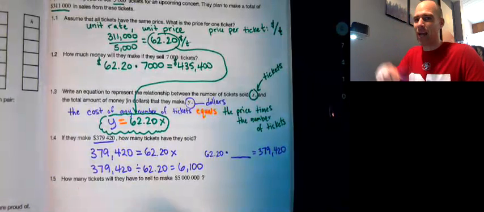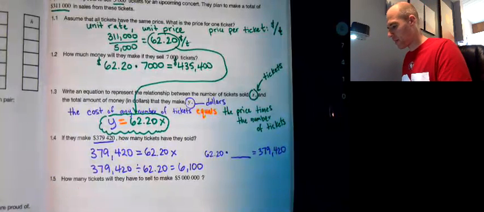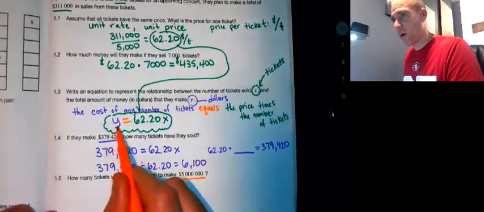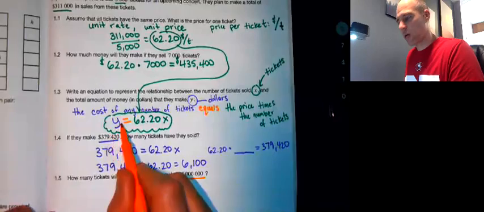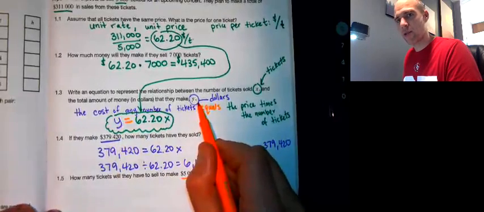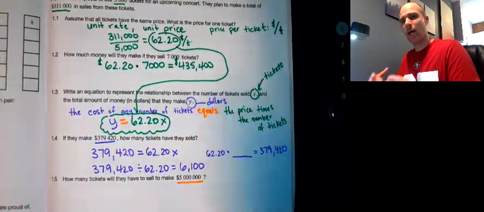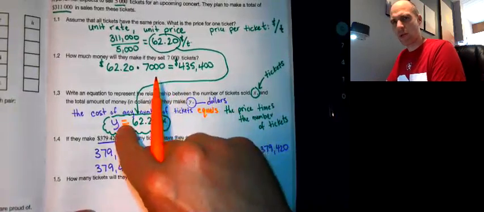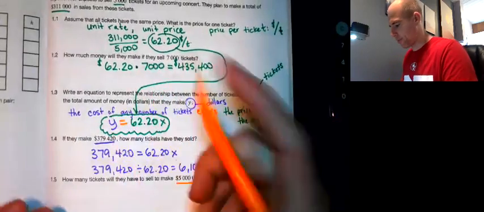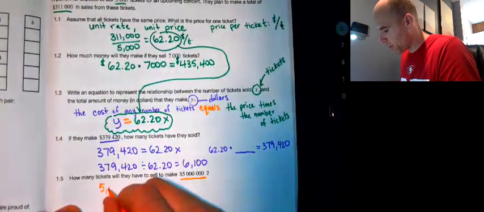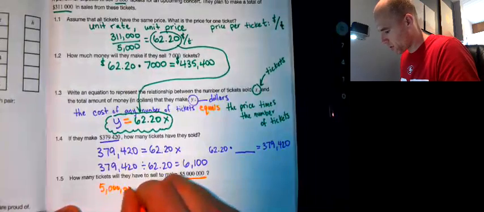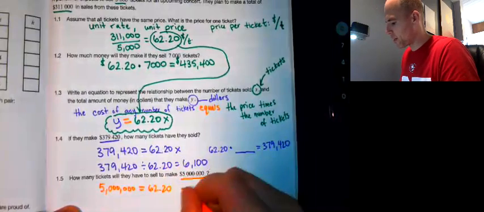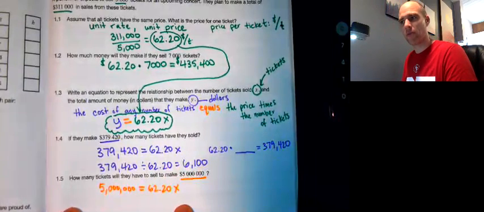I'm going to do the exact same thing I just did previously. I'm going to take this amount of money and I'm going to put it where y goes in this equation, because y represents dollars. This is called making a substitution. I'm substituting a known number for a variable that represents it normally in an equation. 5 million equals $62.20 times some unknown number of tickets.